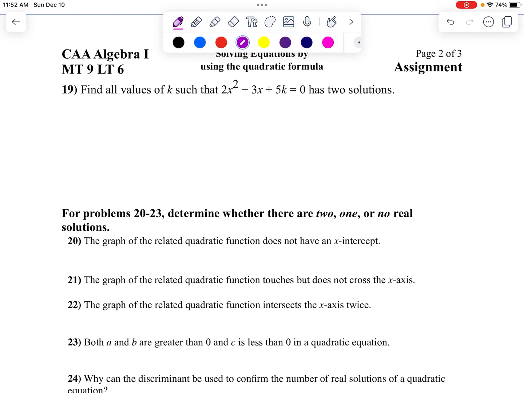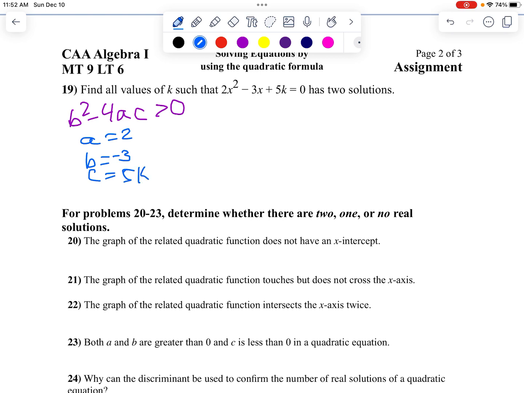On question 19, in order to have two solutions, we know b squared minus 4ac must be greater than 0. Well, on this particular problem, a is 2, b is negative 3, and c is 5k.